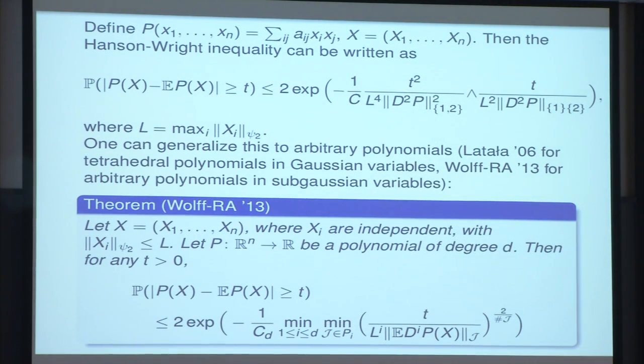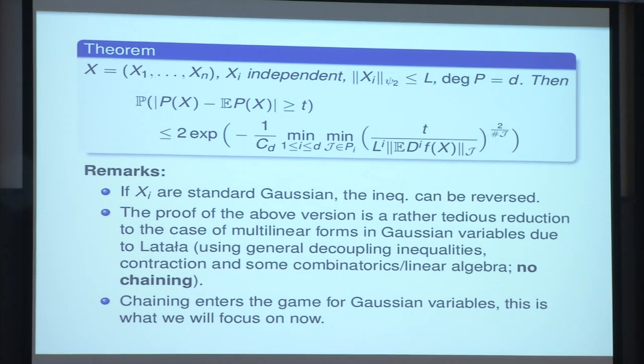Here I don't have the expectation. This is just because for a polynomial of degree d, the derivatives of order d are already deterministic, right? So the expectation there doesn't change anything. It's just to write it in a shorter notation. OK, so some comments before I pass to what is, sorry?